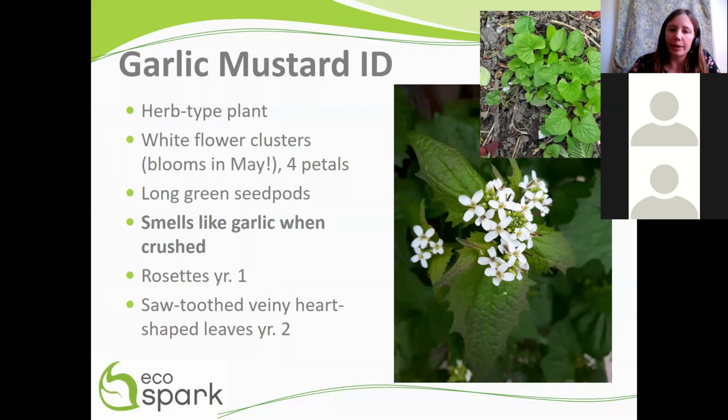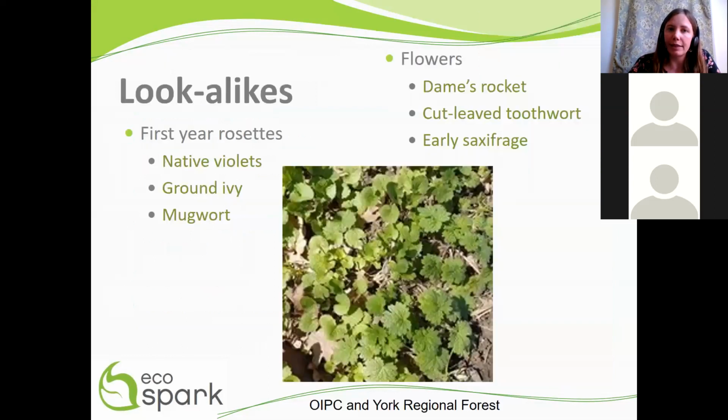There's a lot more information with the links that we're sharing if you want to find out more about the details for identification. Just a quick note that there are lookalikes. So yet another reason not to just go willy-nilly pulling it out, besides the fact that that could increase its spread, is that you might be pulling out the wrong species by mistake.